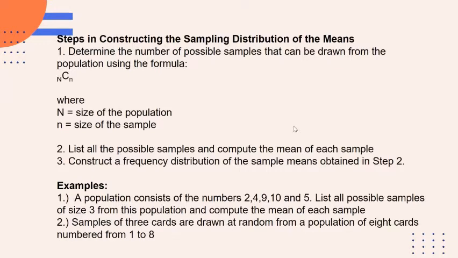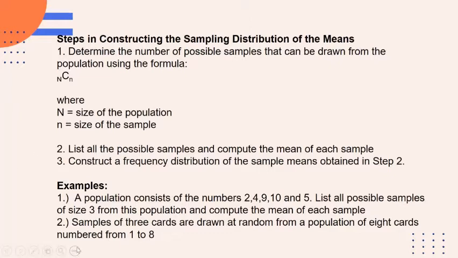So here are the steps in constructing the sampling distribution of the mean. First, determine the number of possible samples that can be drawn from the population using the combination formula, N choose n, where big N is the size of the population and n is the size of the sample.